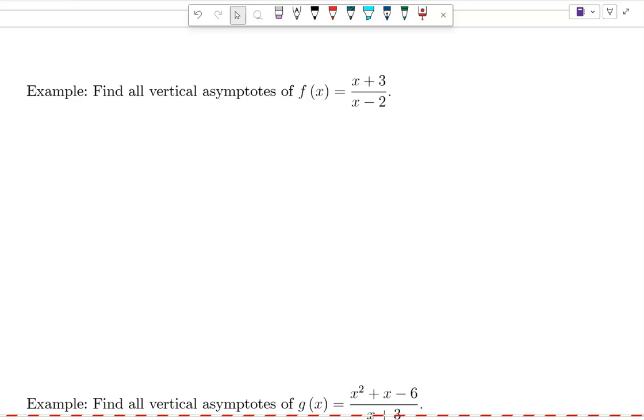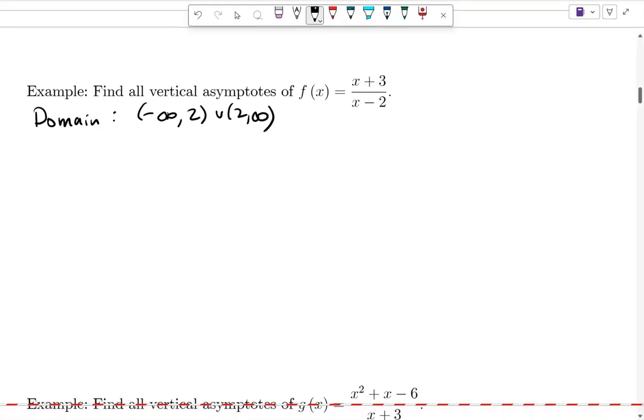Okay. So for our domain here, we have negative infinity up to 2 and 2 to infinity. Let's see what happens around 2 just by doing a quick graph with a graphing calculator real quick. And then we'll come back and see if we can figure out some analysis of what's going on.